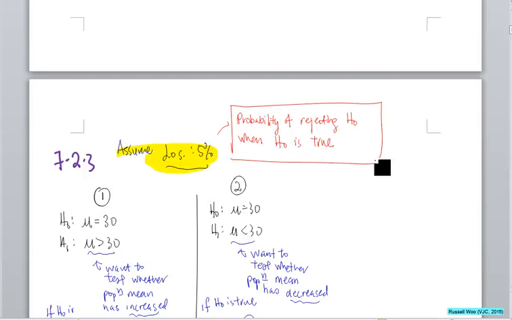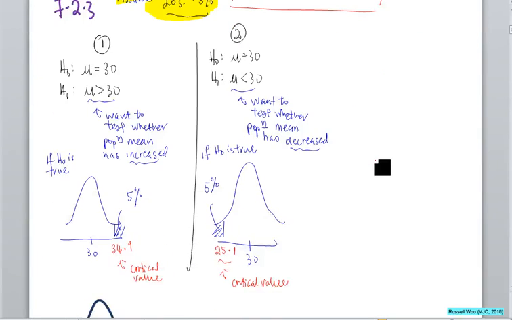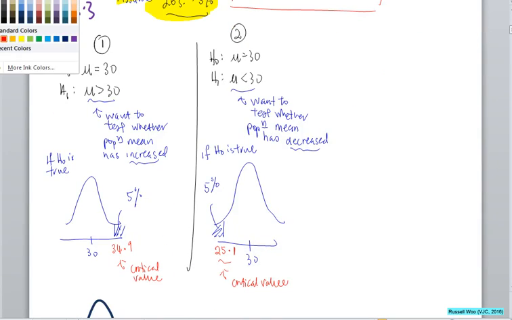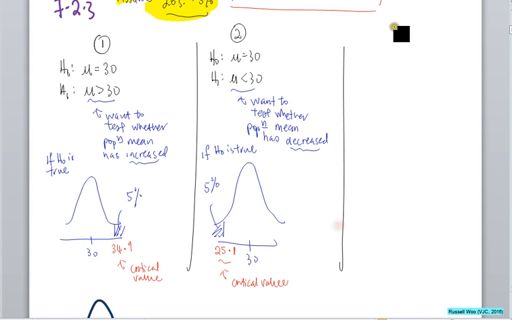Okay? Okay? With that, then we can talk about the last case. What if my objective is not to test whether increase or decrease?